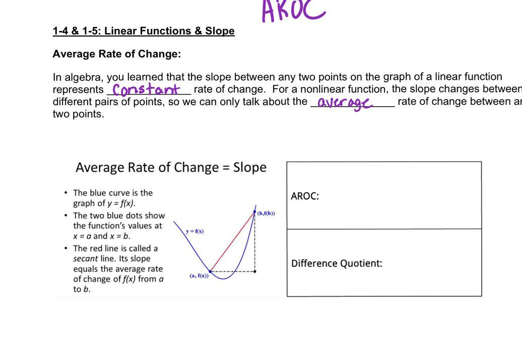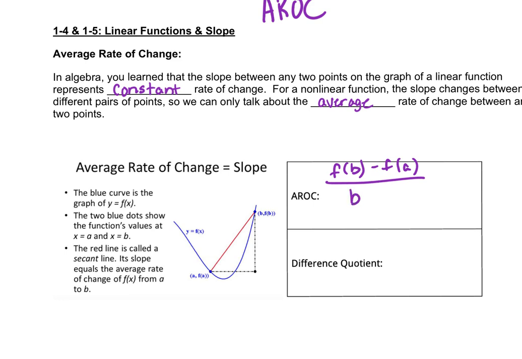Okay? So technically here, the algebraic way of writing AROC, or the average rate of change, is that we take the y value for the second term minus the y value for the first term, and then we divide it by, we're looking at a ratio, a rate, so we're looking at numerator over denominator.